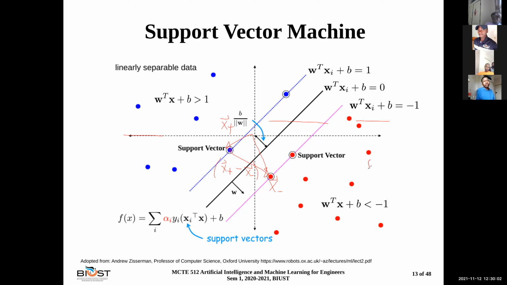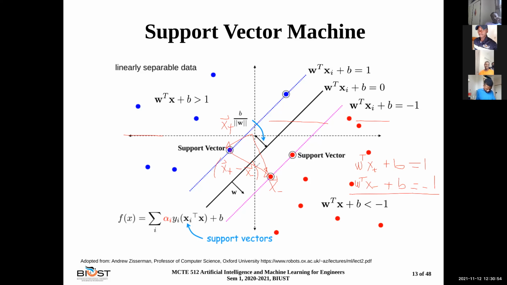So the value of that function for the positive direction is W^T X positive plus b is equal to 1, and then W^T on the negative direction plus b is equal to minus 1. Okay, now subtract that.